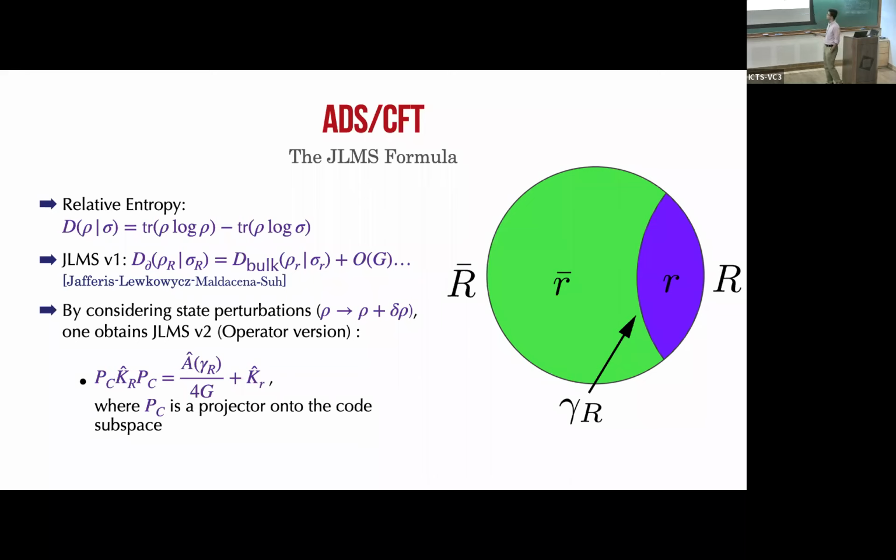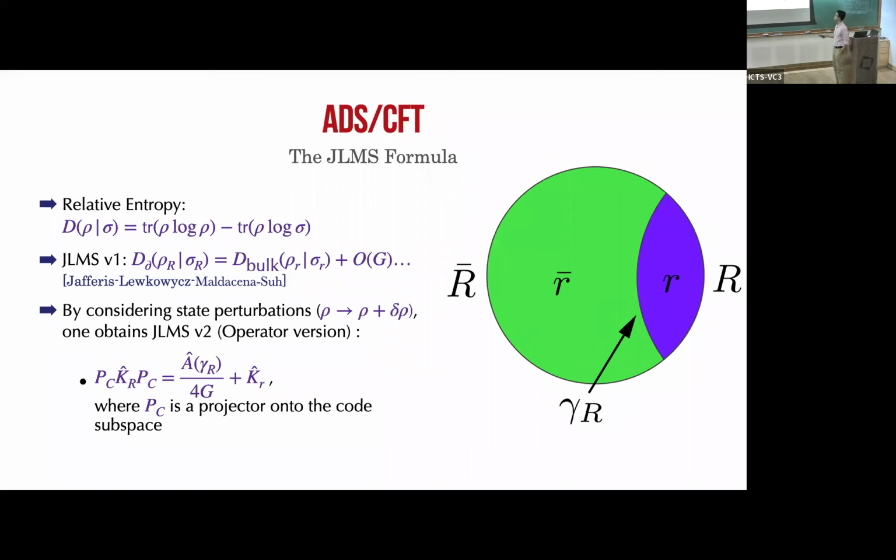But in fact, there's another way to think about their result, which is what I call JLMS version 2, which is an operator statement. So really what they did was they started with the Ryu-Takayanagi formula with quantum corrections and considered state perturbation. So you can apply the Ryu-Takayanagi formula to one state and then also consider perturbing the state and looking at the Ryu-Takayanagi formula for that state.